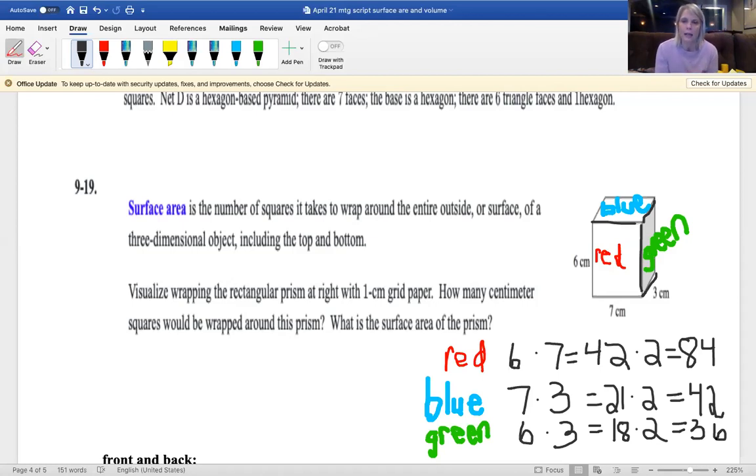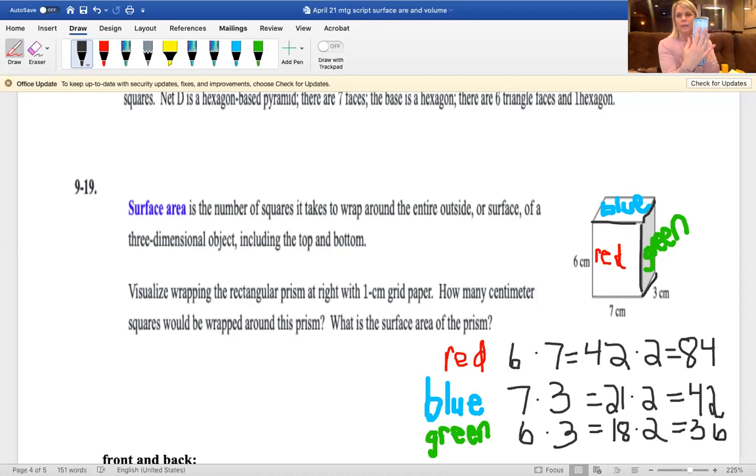What I did is I labeled each color side a different color because it's going to have a different measurement. This isn't a cube, it's a rectangular prism, so there's going to be 3 different measurements here. We had the front face, which was 6 by 7, and that front face had a matching back face.